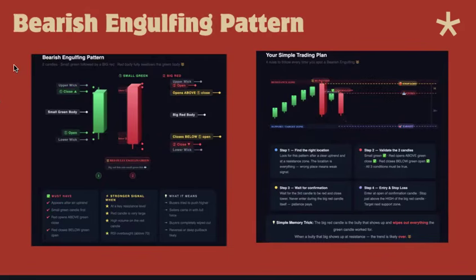So if you see here, this is at resistance and this is your bearish engulfing. How to trade? We'll enter at the next pullback. Stop loss will be at the high of the bearish engulfing candle and target will be your support area.